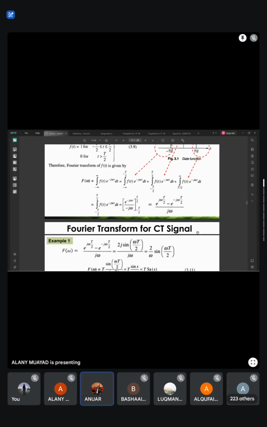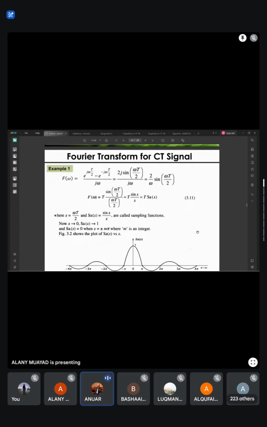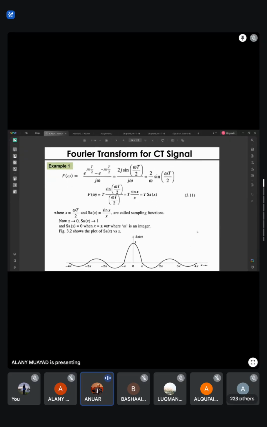Then for this one you need the Euler equation. You convert this to Euler form and you will get the sine form. This is just to simplify. If you answer in the exponential form it is also acceptable, but you will not get the full mark.